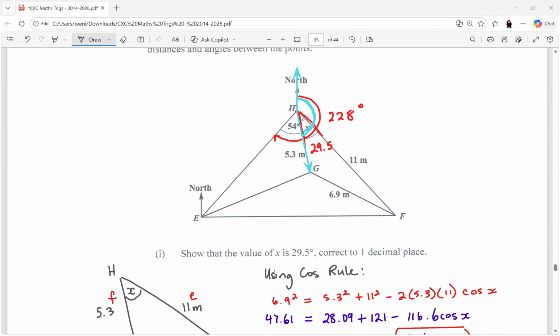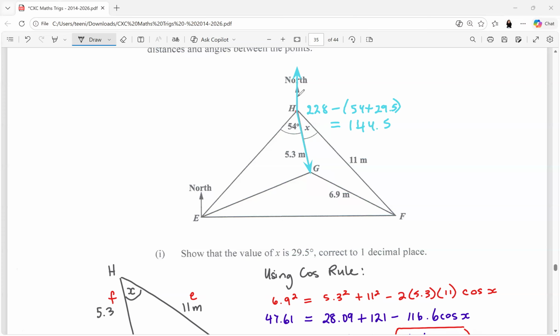To find out, we would first need to find what this part is alone and add it to 29.5. If the entire thing is 228, then this piece here will be 228 take away 54 plus 29.5. 228 take away 54 and 29.5 is 144.5.